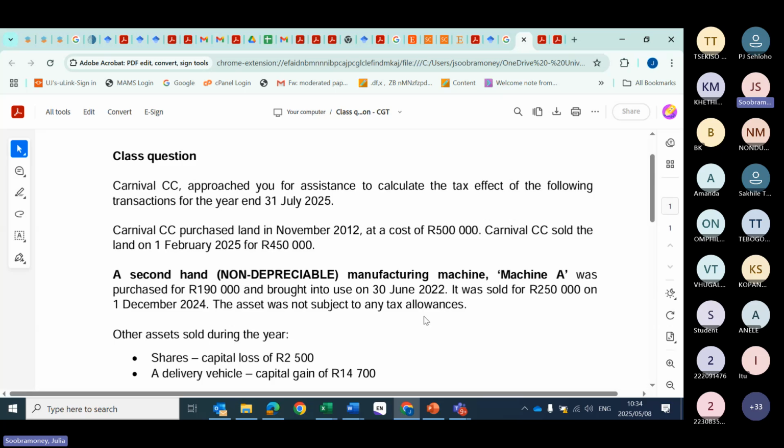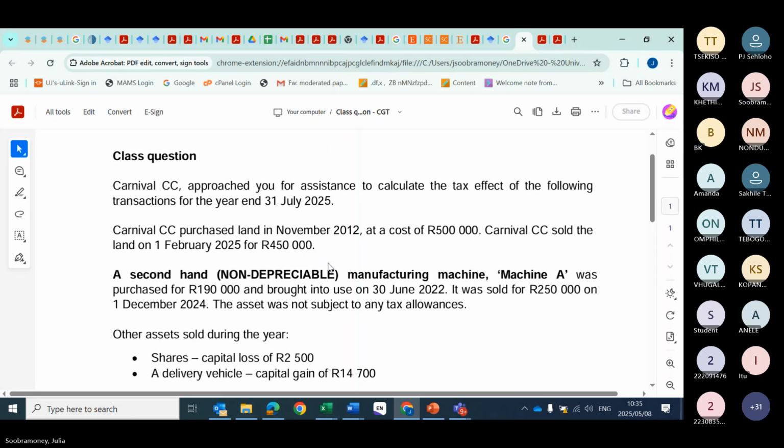Okay. Carnival purchased land in November 2012 at a cost of 500,000. Carnival CC sold the land in February 2025. So everyone happy, we sold the land during this year of assessment. Therefore, I need to calculate capital gains tax for 400.